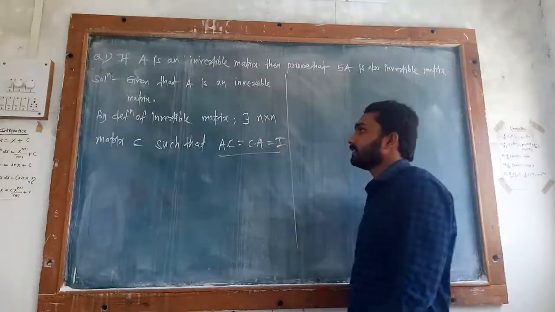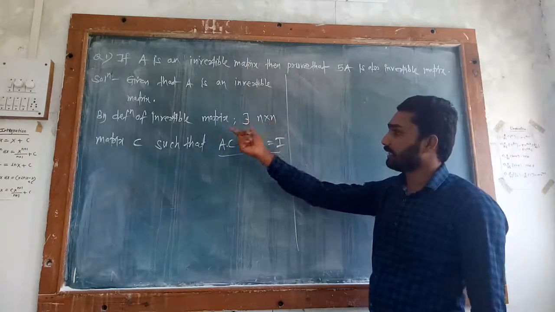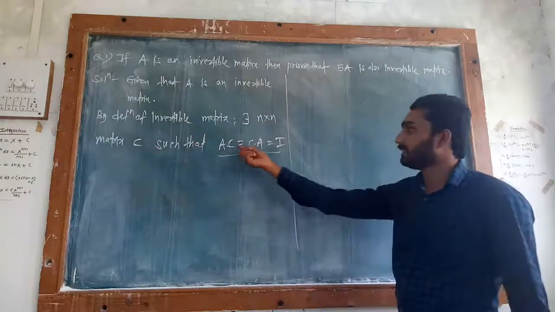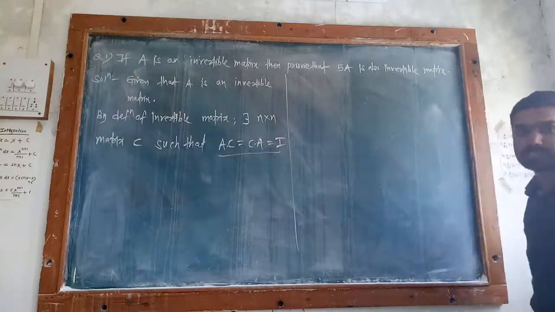What do we get? A is an invertible matrix, that means there exists an n cross n matrix C such that A into C equals C into A equals the identity matrix.